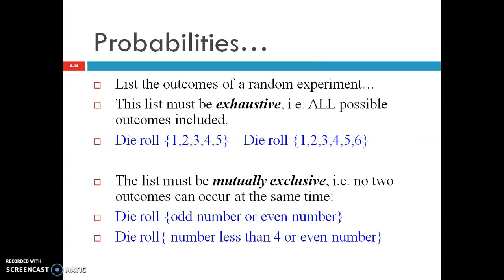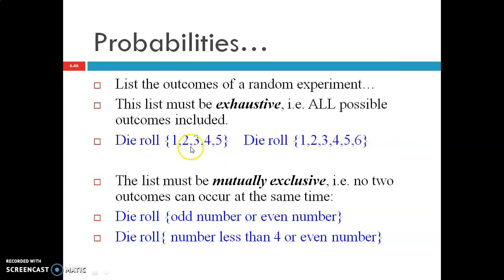So probabilities list the outcomes of a random experiment. This list must be exhaustive, that is, all possible outcomes you need to include. If you see rolling the die, what are the possible outcomes? That is nothing but 1, 2, 3, 4, 5, 6.